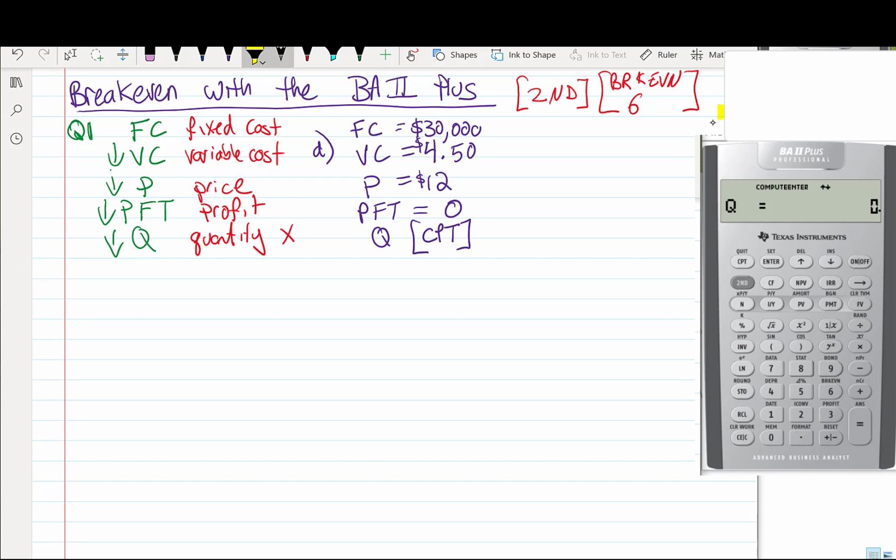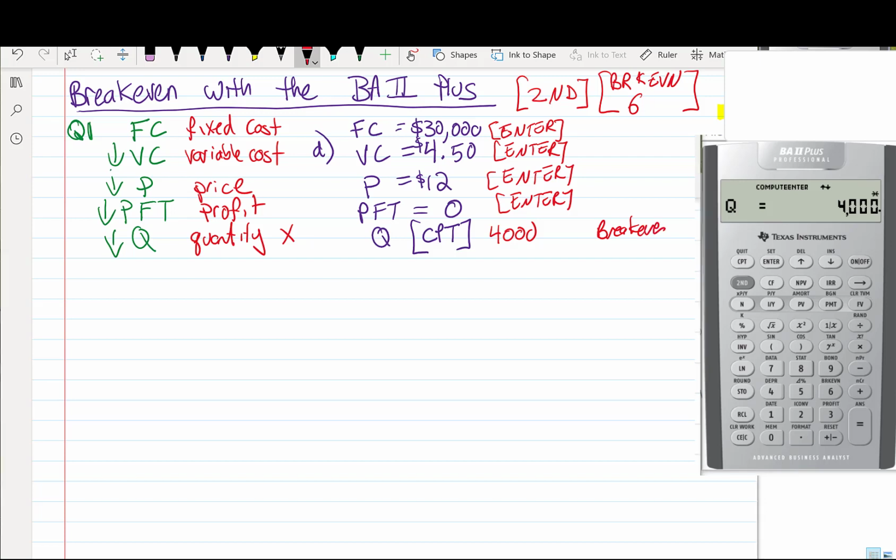Put a little arrow leading to there, and I press it. Compute, and it says $4,000. So I'm going to make sure we write here that we write enter after everything we put in. And that's how menus in the BA2 Plus work. We always put something in and we press enter and we compute the other thing. That's the break even.